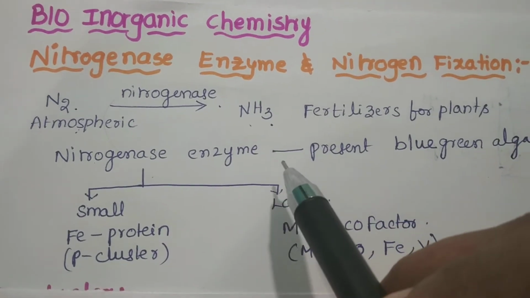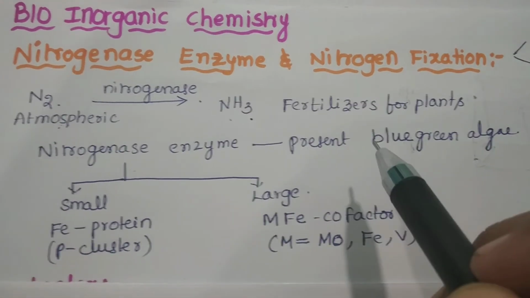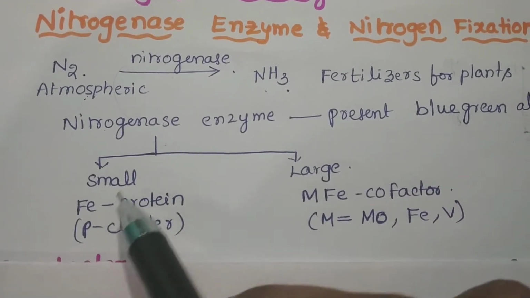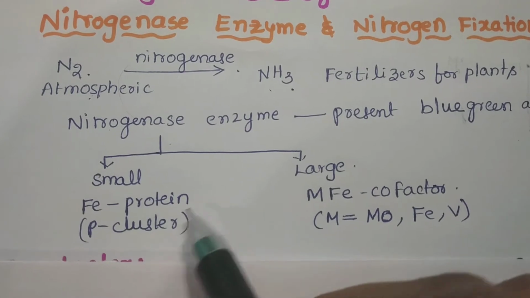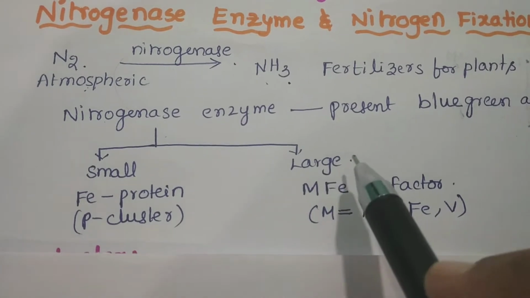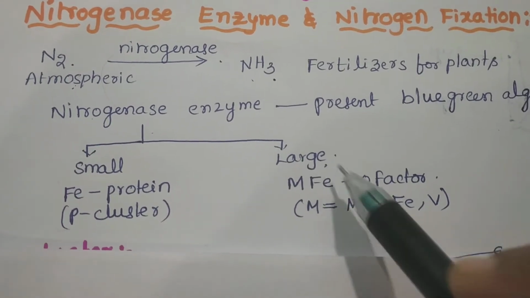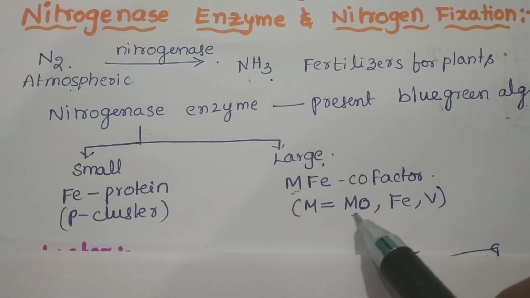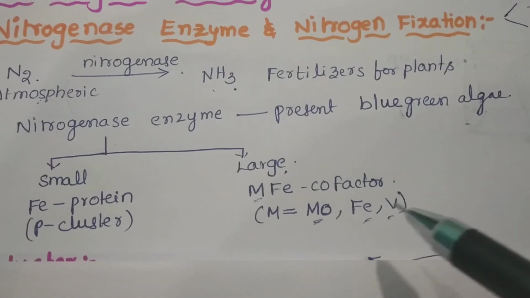The nitrogenase enzyme is present in blue-green algae. It has two parts. The first one is a small protein, that is the Fe protein, also called the P cluster. The next one is the large one, that is the MoFe cofactor. In this, M is equal to molybdenum, iron or vanadium.